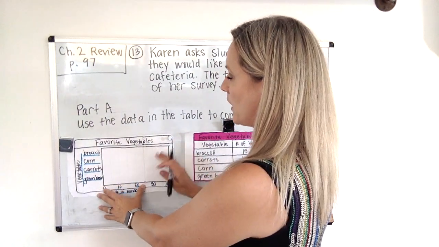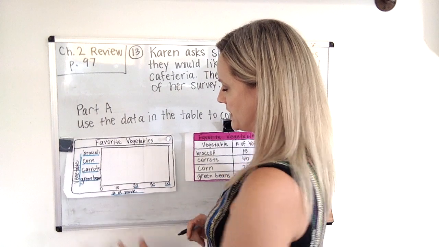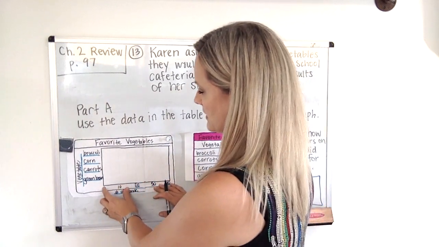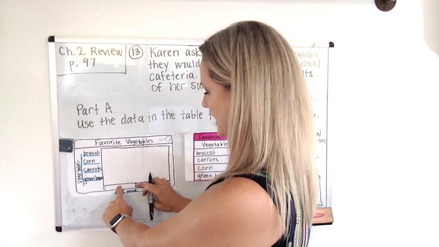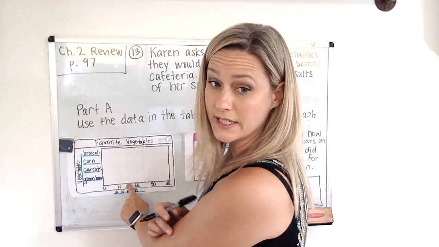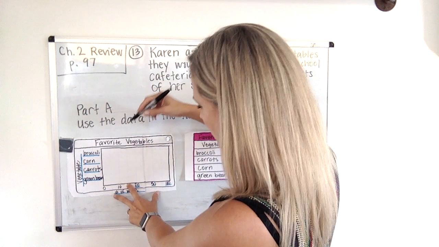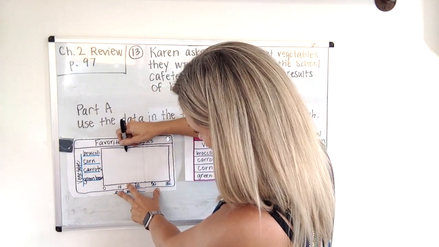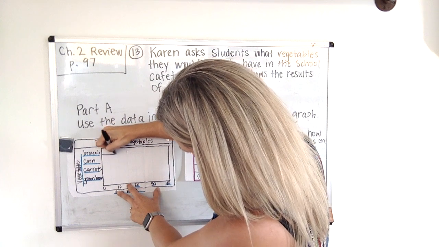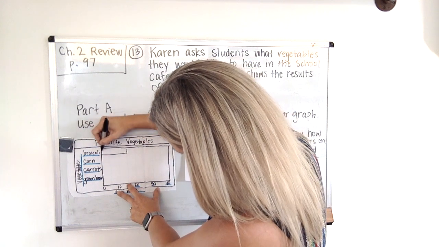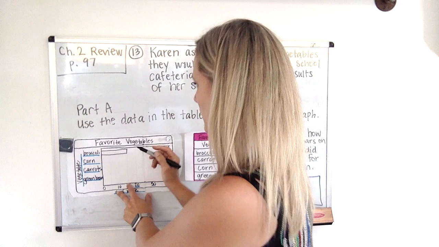Okay, so I'm going to plot first where I know the 15 is. So there's 0, there's 10, and there's 20. So right between 10 and 20 would make 15. So for broccoli, I'm just going to make it halfway between 10 and 20. So I actually would do that for broccoli.